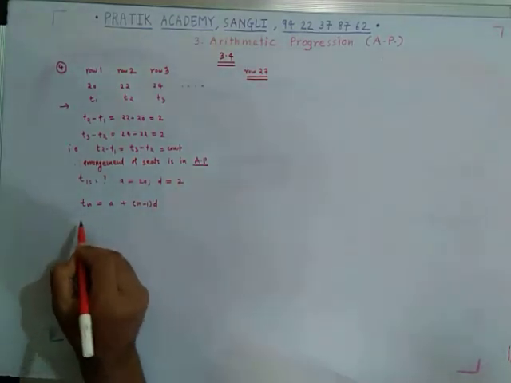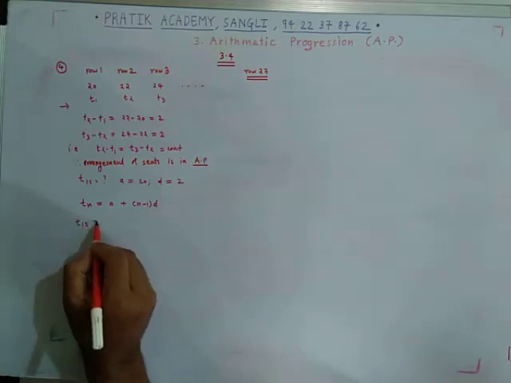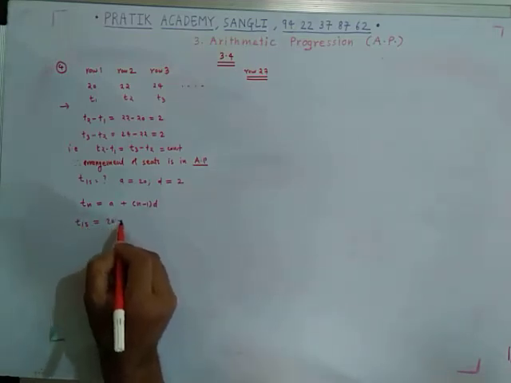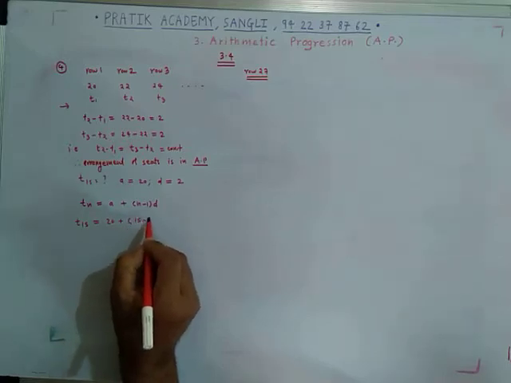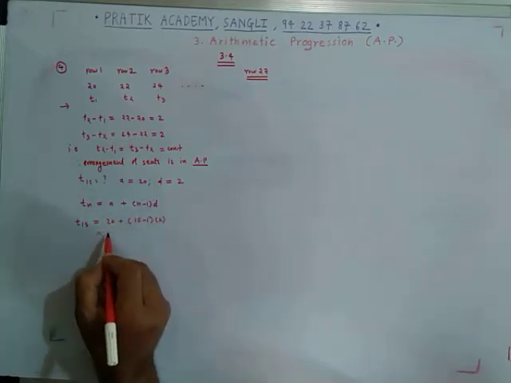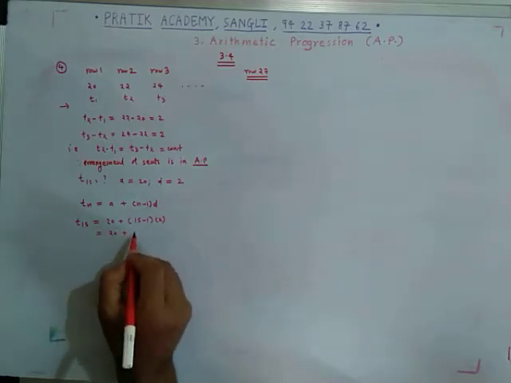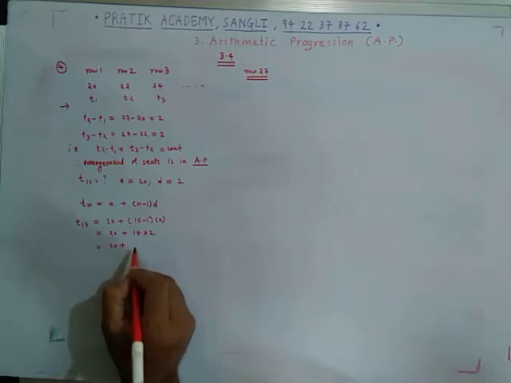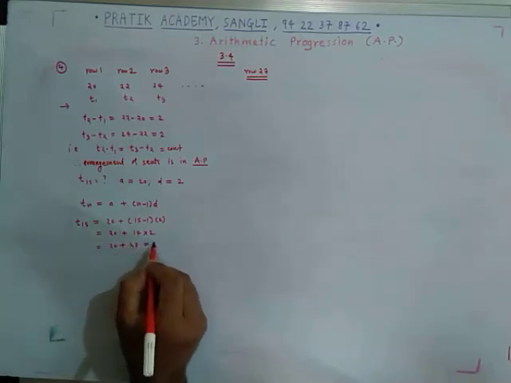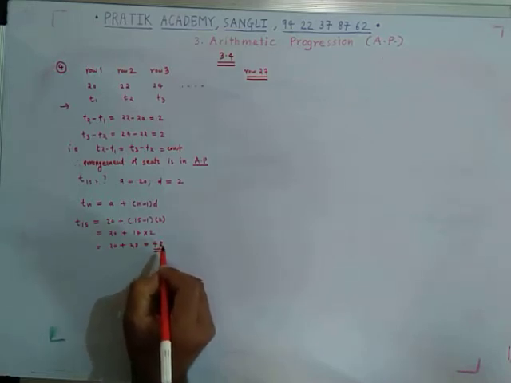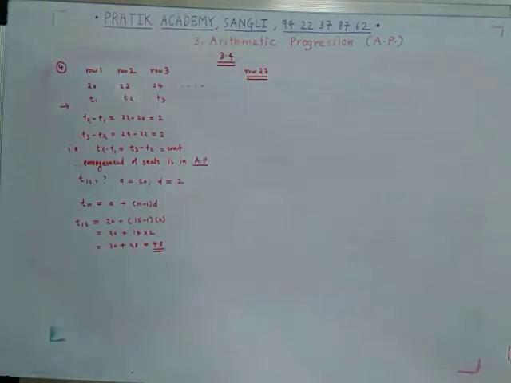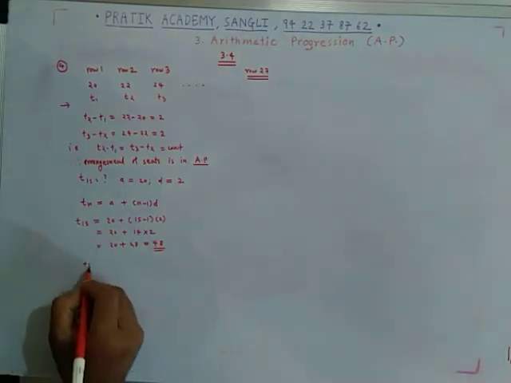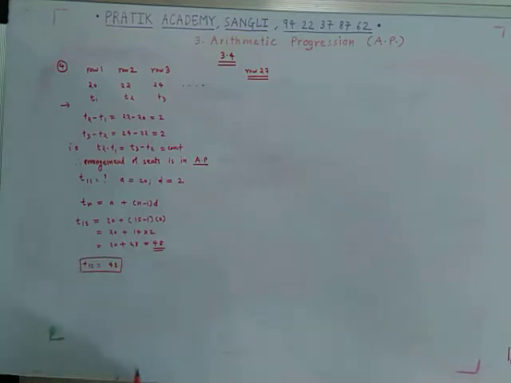Putting in the values: 20 plus 15 minus 1 into 2, that is 20 plus 14 into 2. 14 twos are 28, so 20 plus 28 is 48. So the number of seats in the 15th row is 48. This is our first required answer.